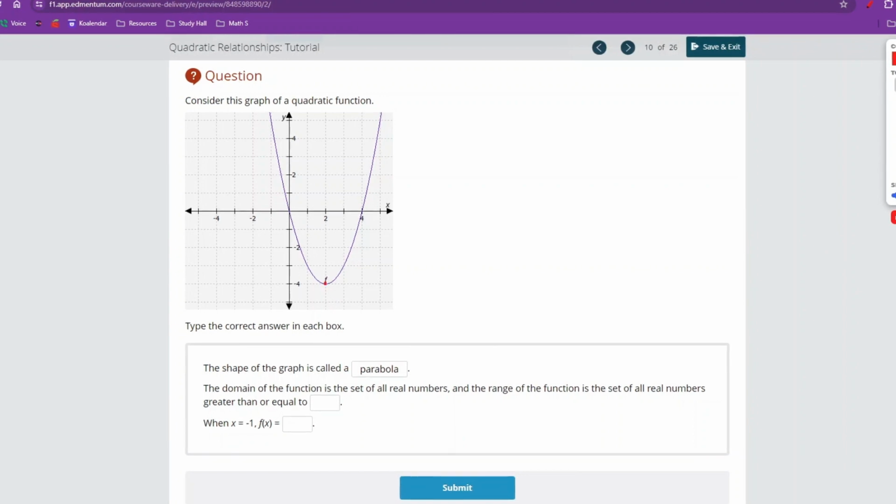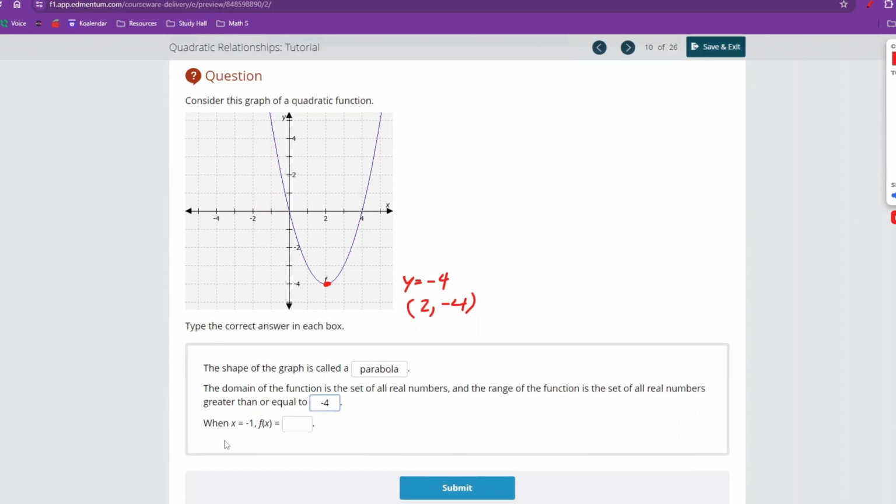There's a minimum, and that minimum starts at y is equal to negative 4. Specifically, we could tell that that point is going to be (2, negative 4). But for the purposes of our question, it asks: the range of the function is the set of all real numbers greater than or equal to negative 4.